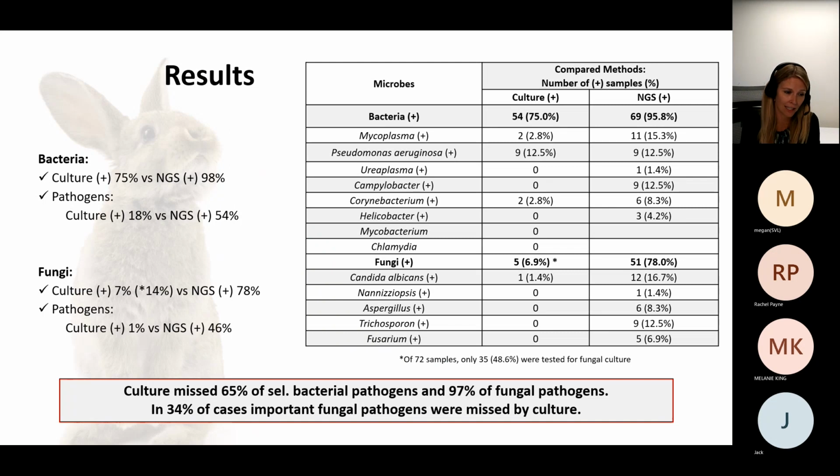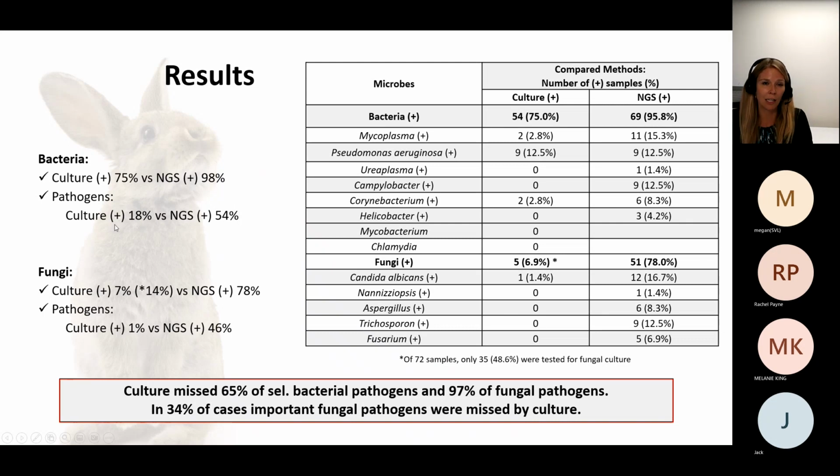So here are the results, and this publication will be coming out shortly, so you can read up on all the details. We found that overall culture came back positive for any type of organism in 75% of the cases and in 98% of the cases for NGS testing, and culture detected pathogens in 20% of those.